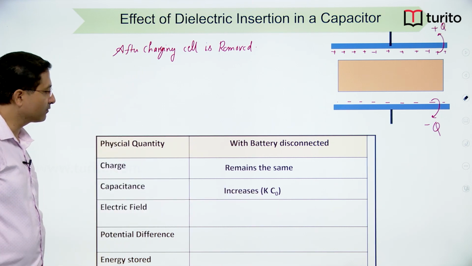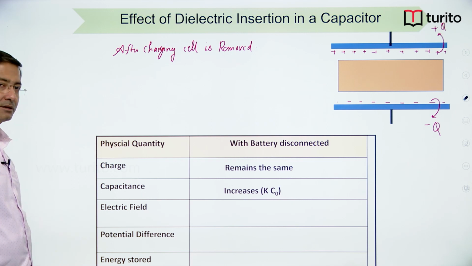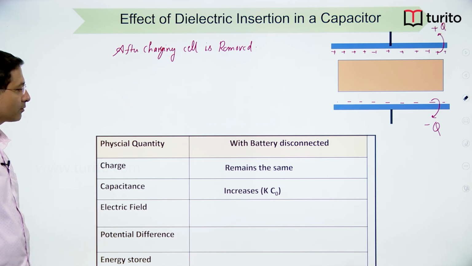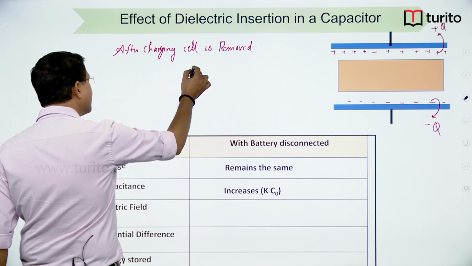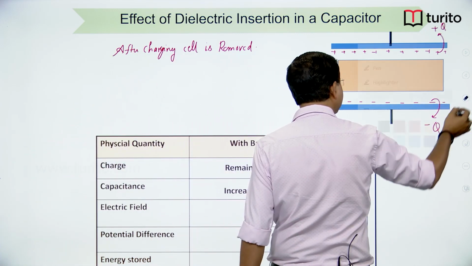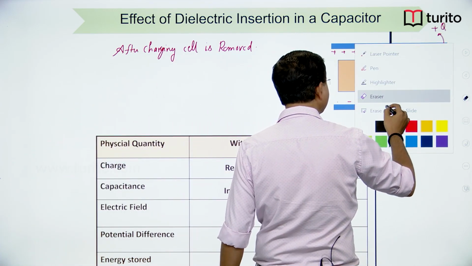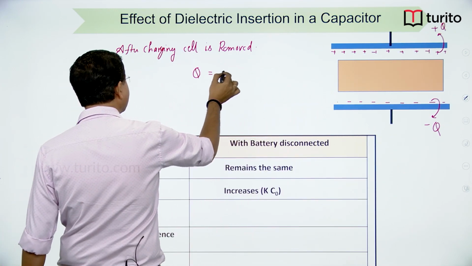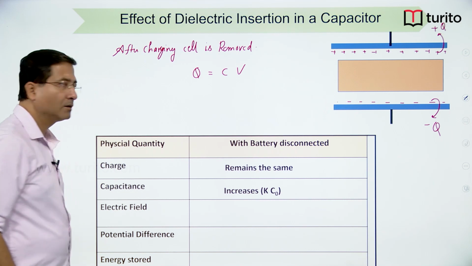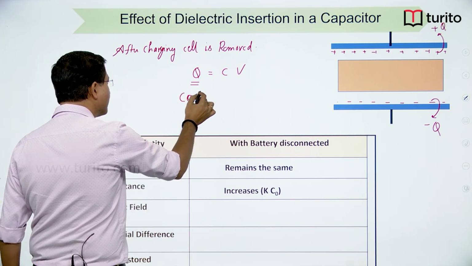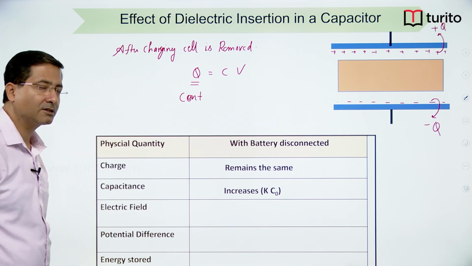What happens to the electric field and the potential difference? Let us first talk about the potential difference, then we talk about the field. Potential difference: Q is equal to CV. The charge is constant, this quantity is constant because there is no source which can deliver charge.